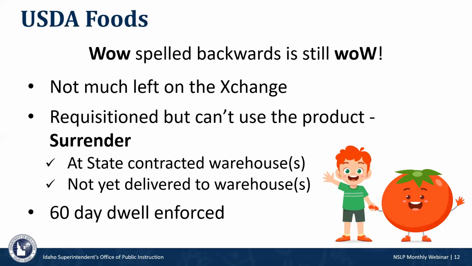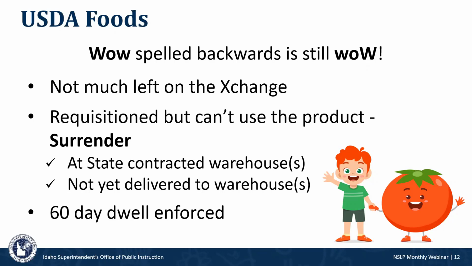Keep in mind that you can only surrender product that is, one, currently at the state contracted warehouse, so you haven't asked for it to be delivered to your location yet. It's either at Americold or Northwest Distribution, depending on what type of product it is.